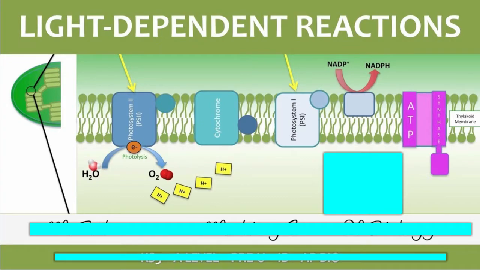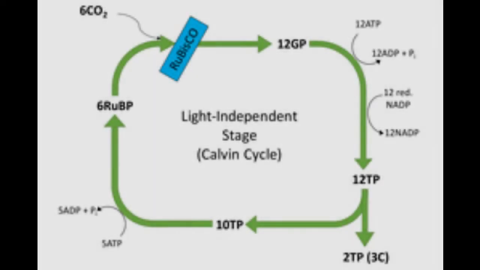ADP combines with one inorganic phosphate and gets converted to a high energy compound, that is ATP. So here ADP is converted to ATP, and since the energy of this reaction comes from the photon, the process is called photophosphorylation. So these are the steps which are carried out in light dependent phase.